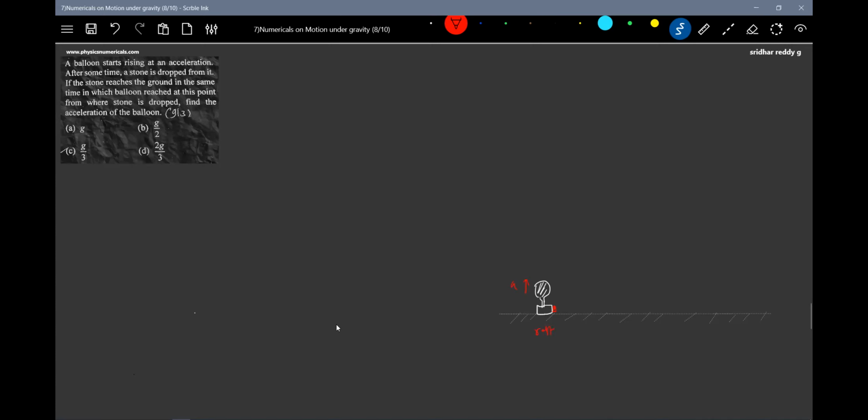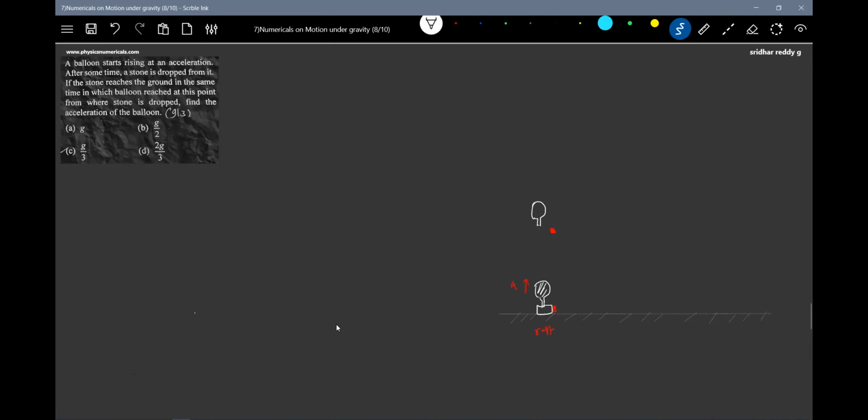After some time, the stone is dropped from it. So when the balloon arrives somewhere at a height from the ground, a stone which is there, let's assume, is dropped from it. Dropped from it means, will it be released from rest?